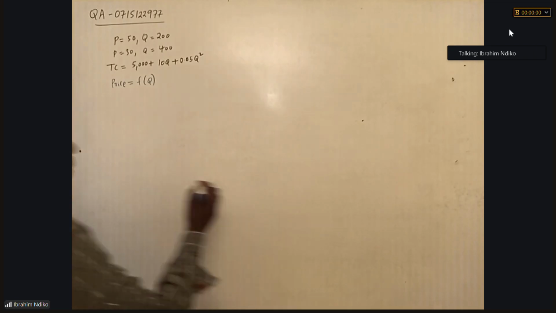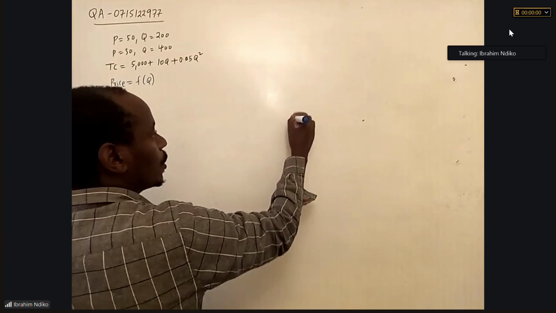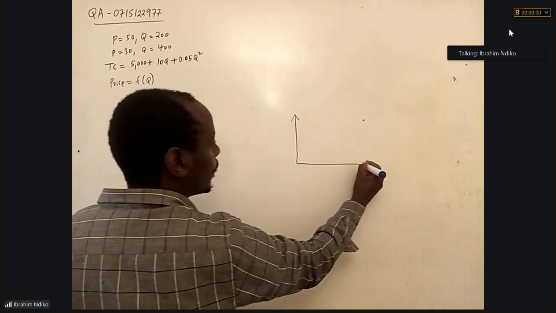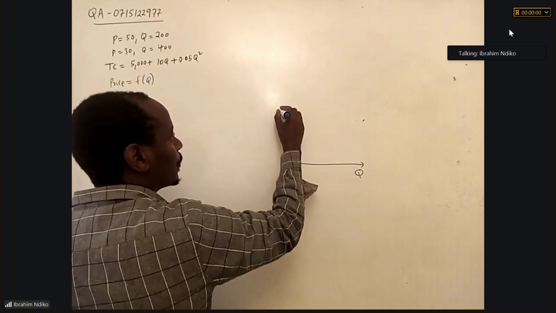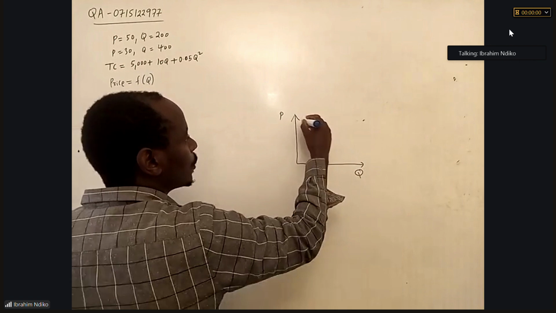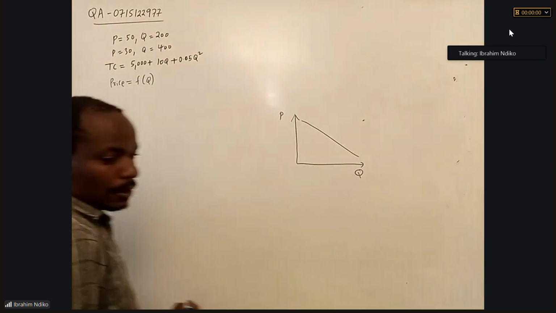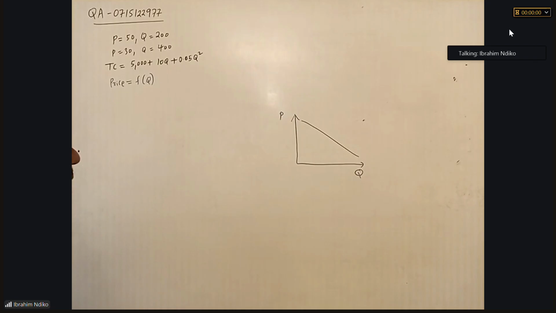So remember, when you talk about our demand function, we have the quantity, we have the price. So our demand function is a linear function where P is an inverse of Q.